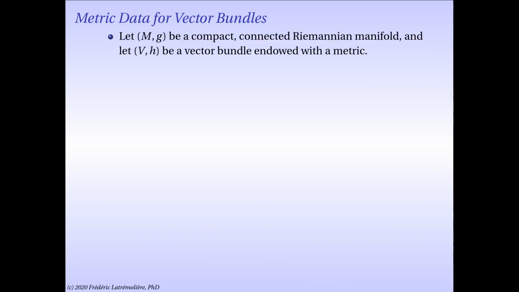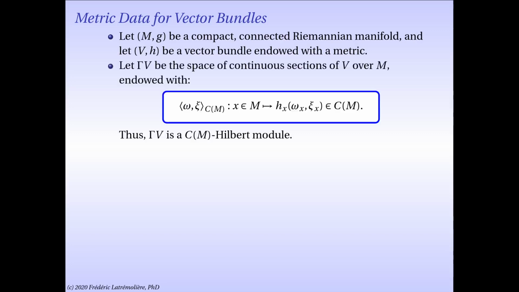We now bring all these ideas together. Let (M, g) be a Riemannian compact manifold, and let (V, h) be some vector bundle over M with a metric. Let gamma of V be the module of continuous sections of V over the C-star algebra C of M, endowed with a C of M valued inner product induced by the metric h.